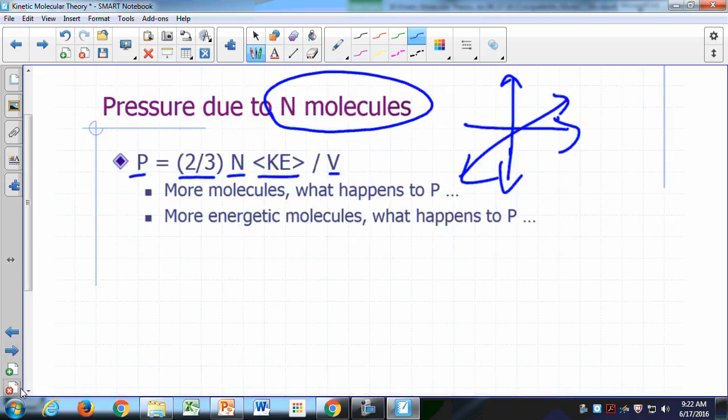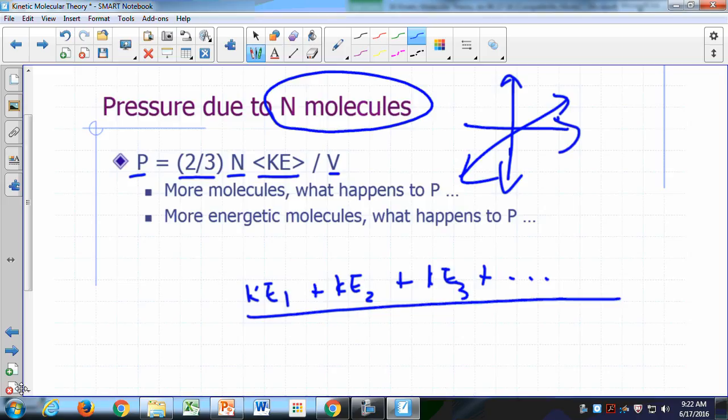Average kinetic energy means kinetic energy of molecule 1 plus kinetic energy of molecule 2 plus kinetic energy of molecule 3 and so on, all of that divided by the number of molecules. So n times the average kinetic energy.